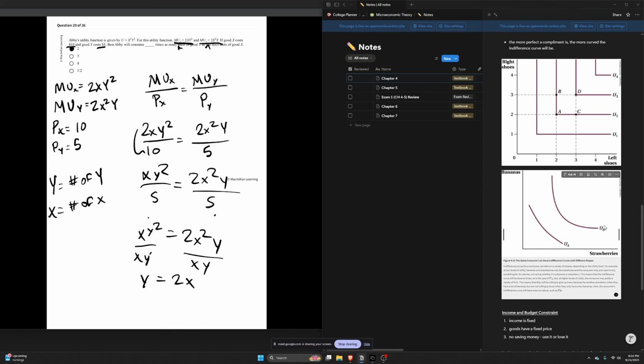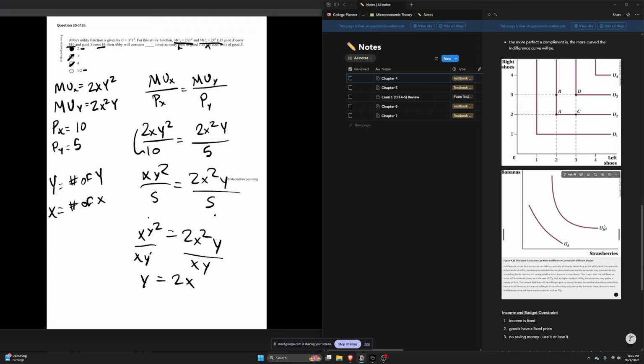Don't get tripped up on this. We know that the ratio is not 3 or 4. A lot of people get tripped up on whether it's 2 or a half. Remember that the y is the number of y they buy, and the x is the number of x they buy. So for these two to be equal, she would need to buy twice as many y as she does x, because this is giving utility.